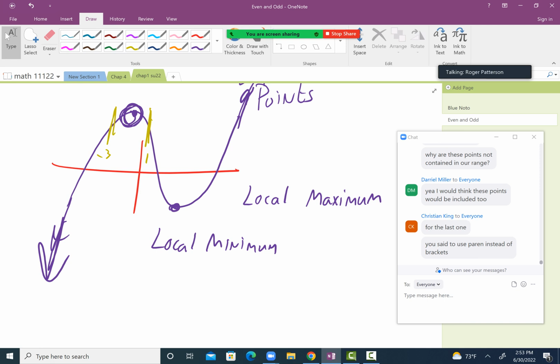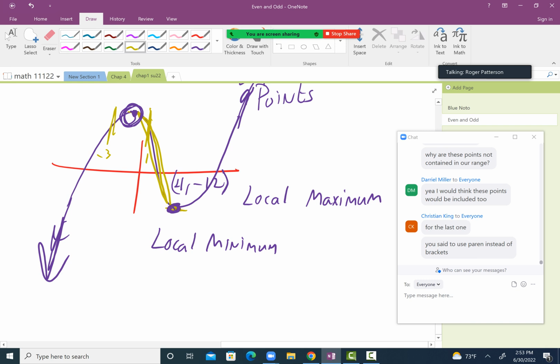Because at this point here, say this point was 4 on the x-axis, say it was 4 and -12, for example. When you're talking about decreasing, which is here, when it hits 4, it's not decreasing or increasing. It's a maximum point.